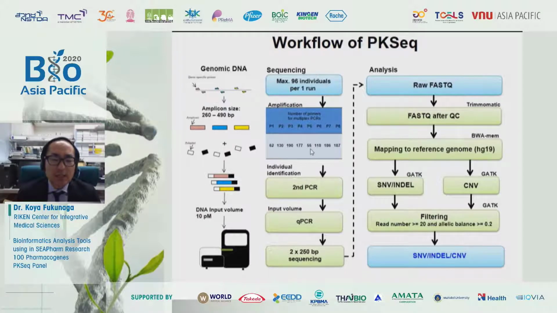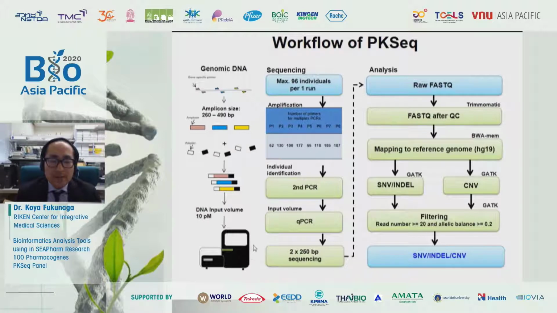Therefore, we don't need the cost of a commercially available library kit, so the cost is a little lower. To distinguish the 96 samples, we attached an individual adapter to the PCR product. After the measurement of library concentrations, we sequenced this library using the Illumina MiSeq instrument.